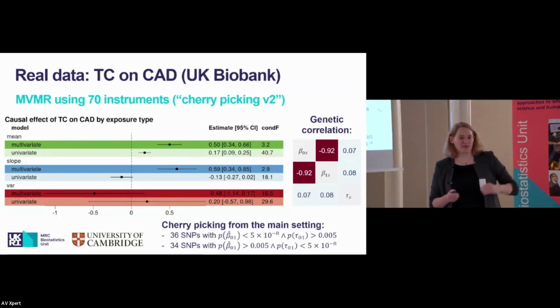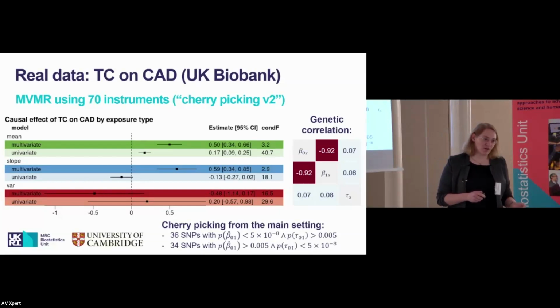And even if we would have a significant effect when we use more SNPs, would that be something we want to have? I don't know if you remember my first slides, where I was talking about the variants, and those are good candidates for gene interactions, gene-environment interactions. Those interactions are actually pleiotropic effects, if you remember that, right? And pleiotropic effects are those things we don't want in the MVMR.